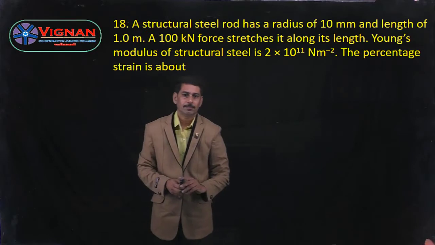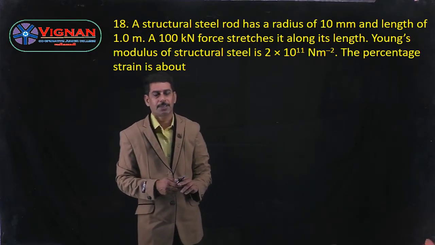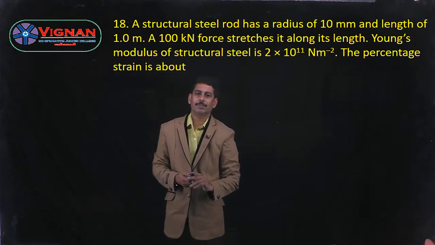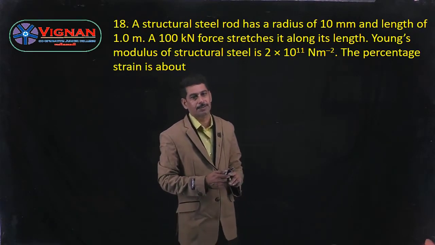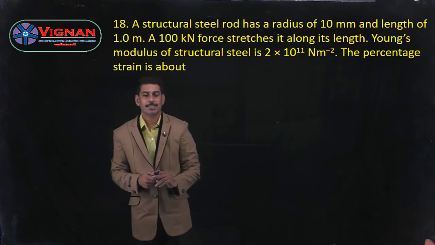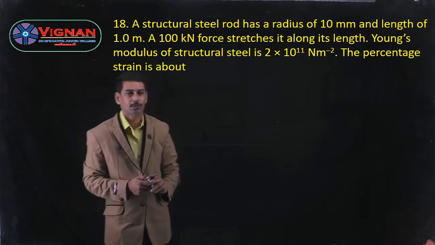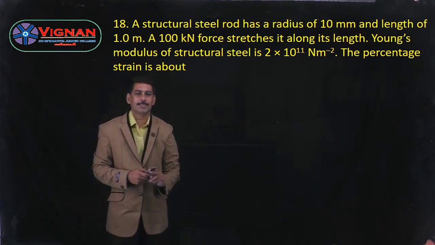The next problem. A structured steel rod has a radius of 10 mm and length of 1 meter. A 100 kN force stretches it along its length. The Young's modulus of steel is 2 into 10 power 11 Newton per meter square. The percentage strain is about.